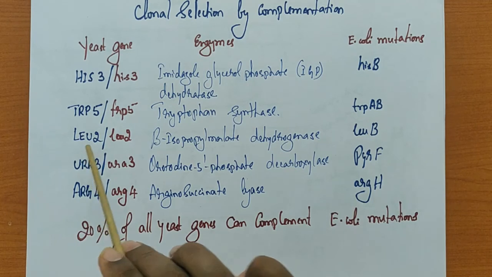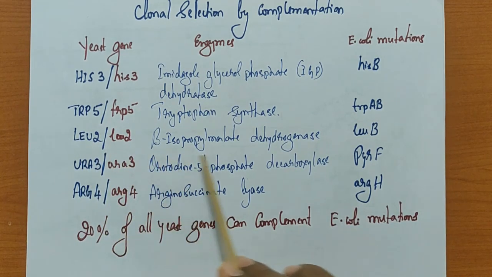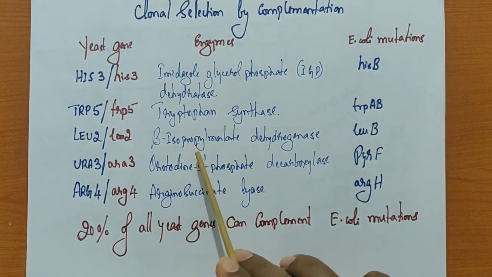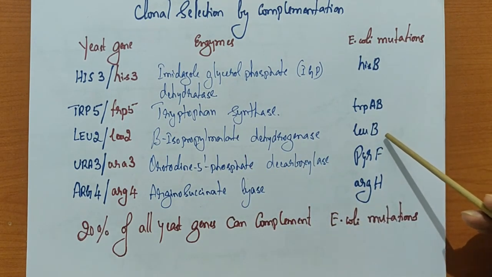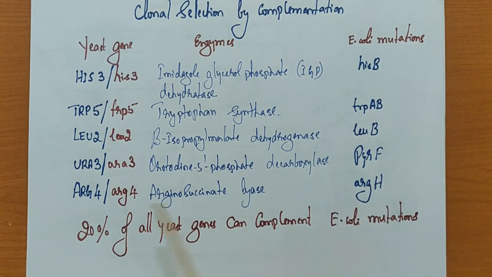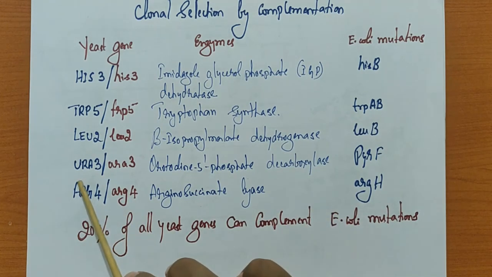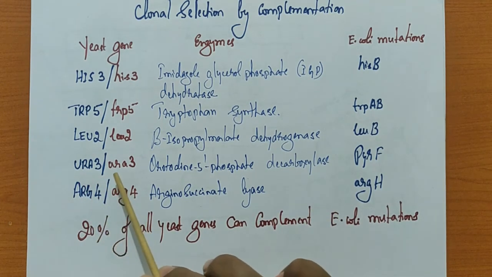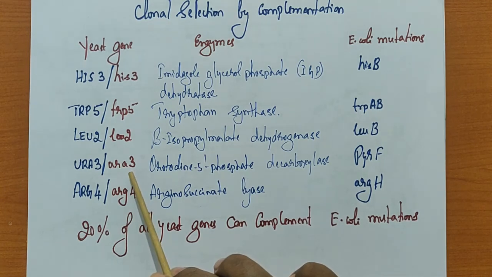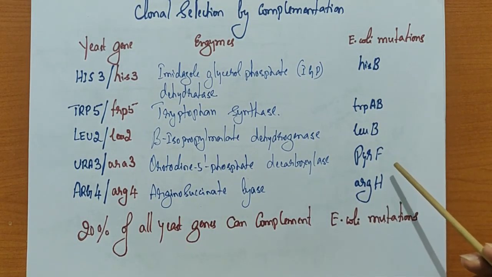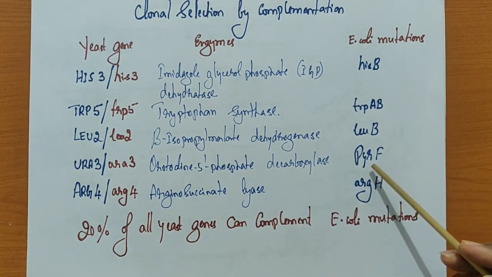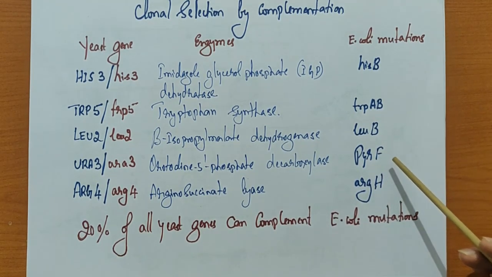This is the functional gene, and this is the mutated one. The important enzyme is beta-isopropylmalate dehydrogenase, whereas the E. coli version is leuB. Another one is orotidine 5-phosphate decarboxylase, also called URA3, and in small letters ura3 is the mutated one. But in the case of the E. coli mutant, the equivalent enzyme is pyrF.